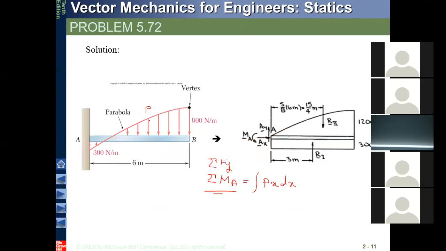So each component has a distance from point A, and then you can do the integration to calculate the moment. But then you have to determine what P is in terms of x, and this is a parabola, so it is going to be cumbersome.